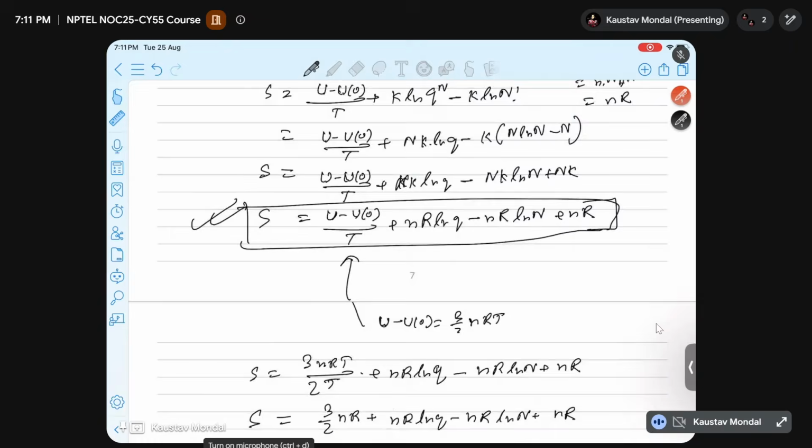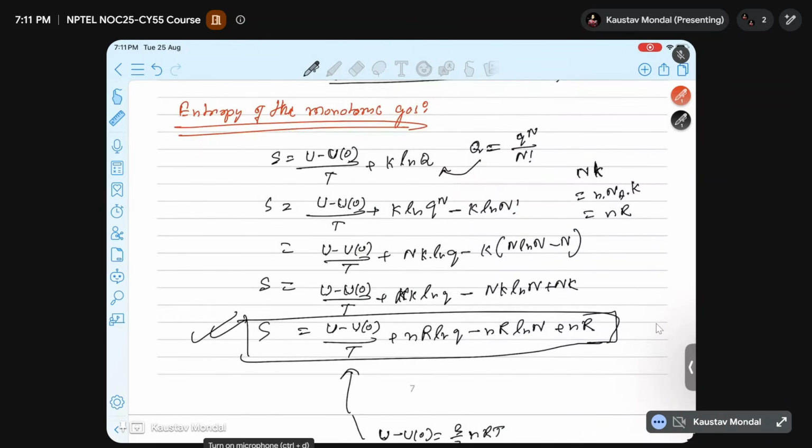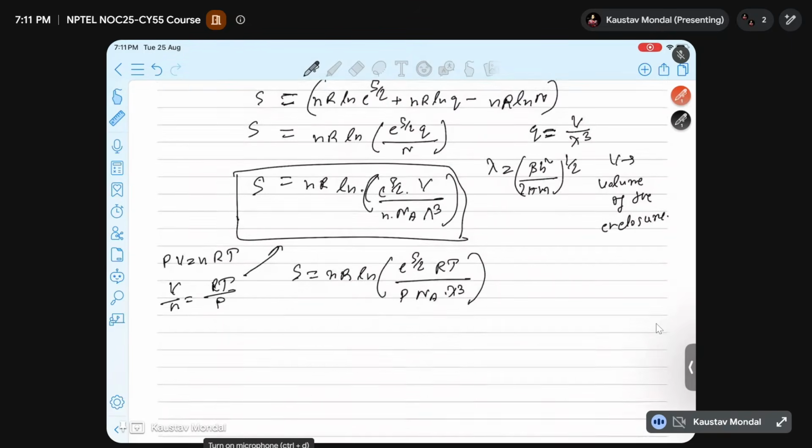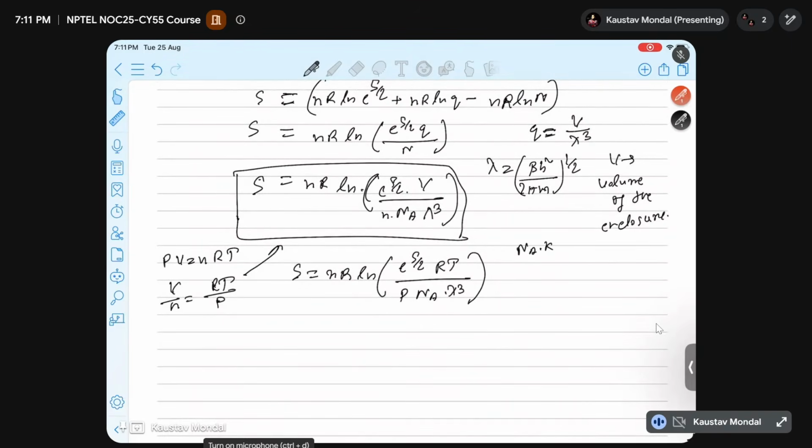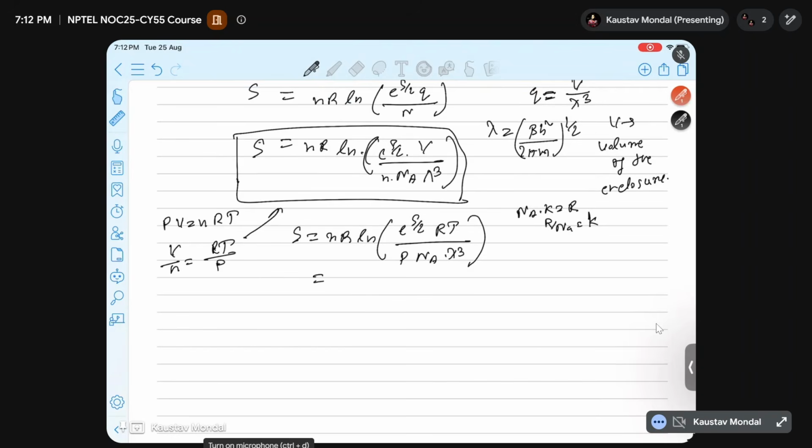And we know that N_A times k is R, so R by N_A is basically k, the Boltzmann constant. So R by N_A will become k, so e to the power 5/2 times kT by P λ cubed.